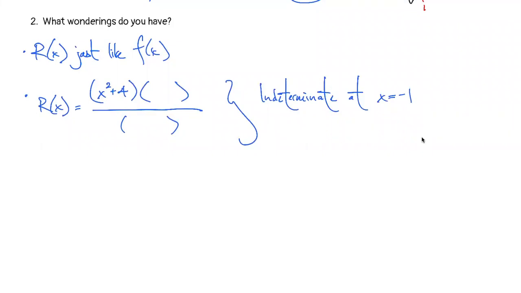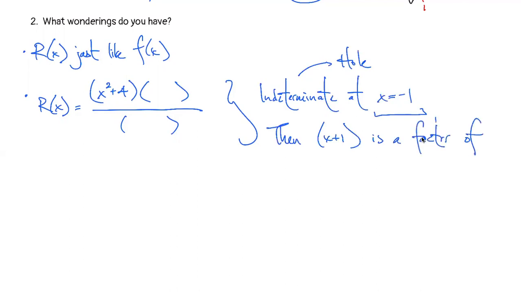So what it says here is that if there is a hole, since indeterminate means that there's a hole at x equals -1, then x plus 1 is a factor of f of x and g of x. And so what we're going to put where those question marks are is x plus 1 and x plus 1.